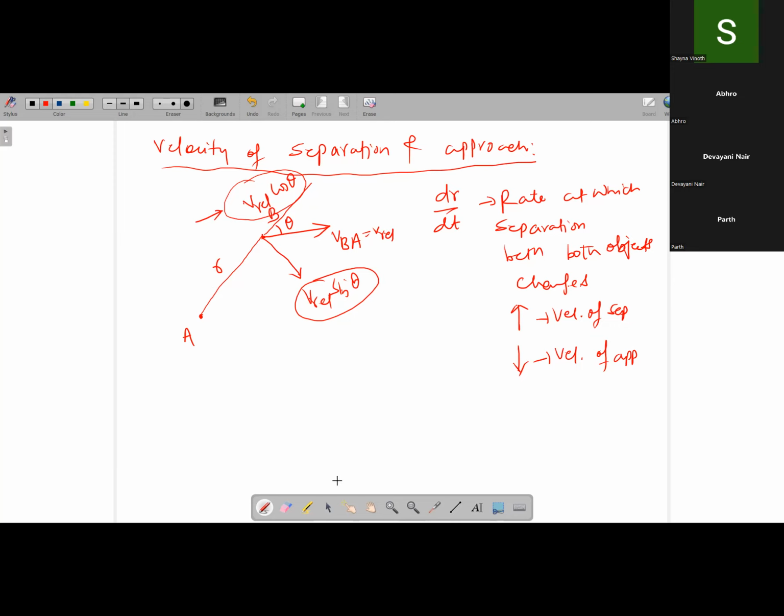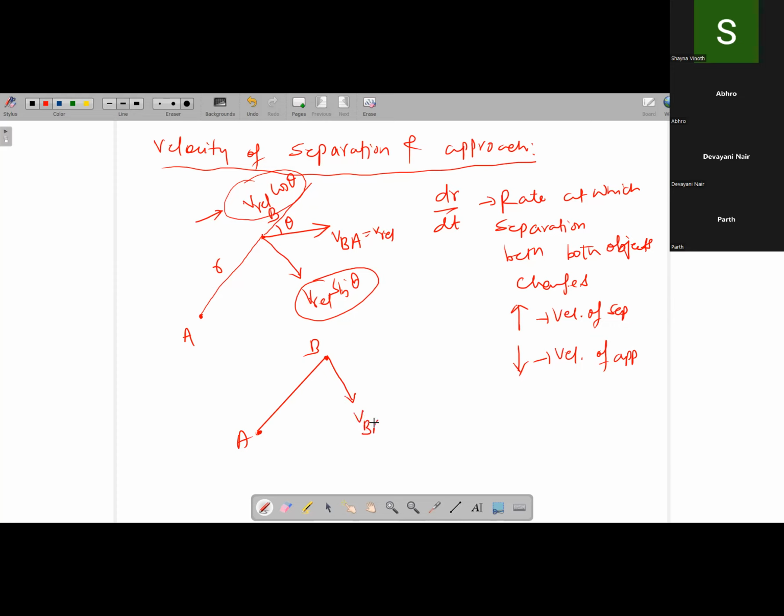Now, if I take another example like this, this is the object A, and this is the object B, and suppose with respect to A, B has some relative velocity like this.